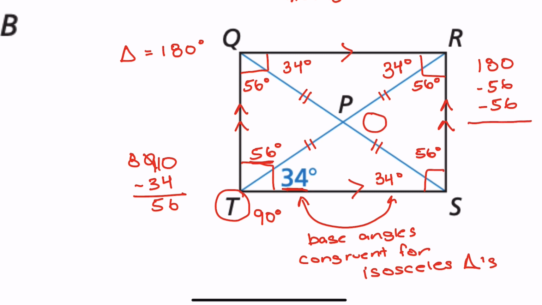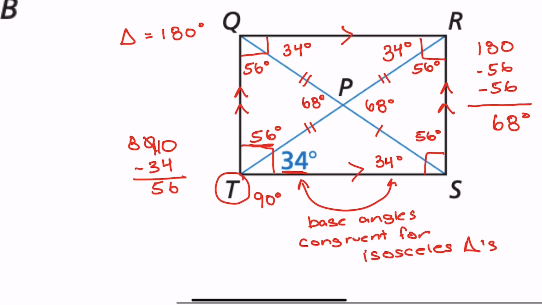So 180 minus 56 minus 56 will get me 68 degrees. And so I know that this angle is 68 degrees. And because of vertical angles, this angle must also be 68 degrees.